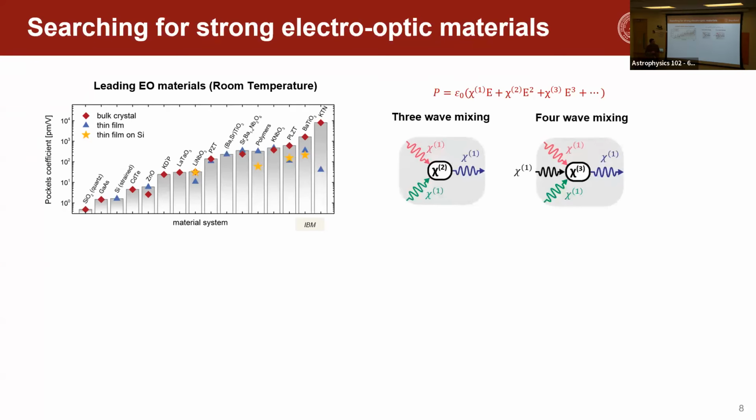So to look for new materials, I'll go back to these three-wave mixing pictures, and specifically also add a four-wave mixing picture, which is also relevant for a quadratic electro-optic effect instead of a linear electro-optic effect.